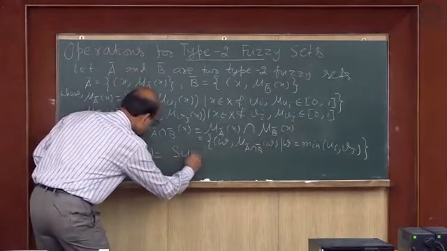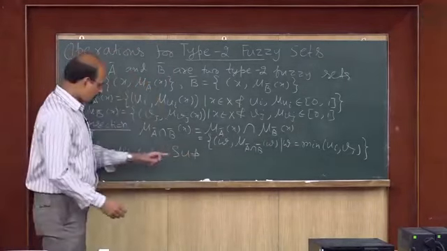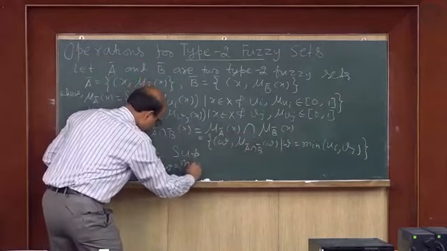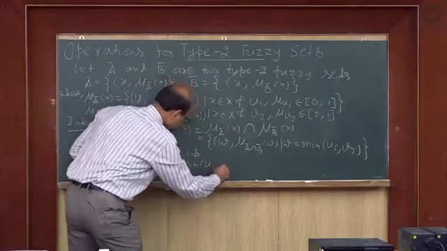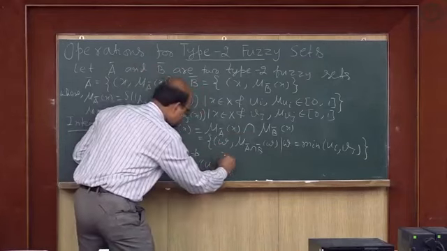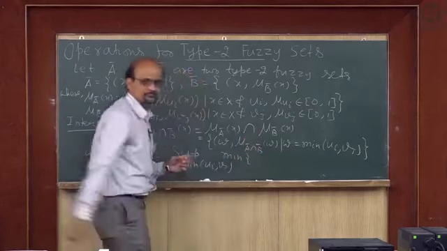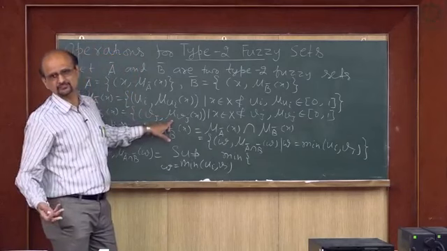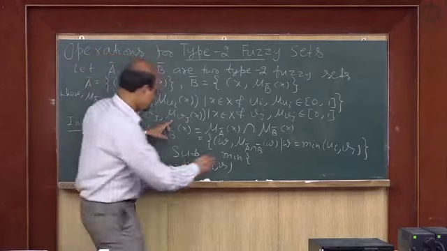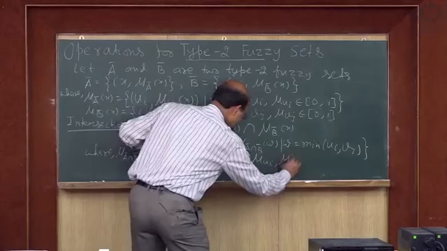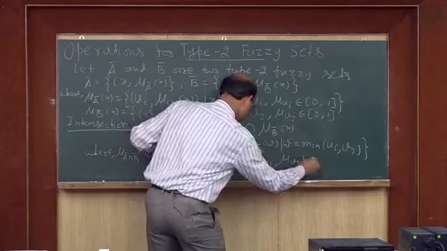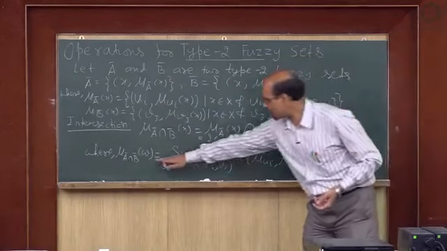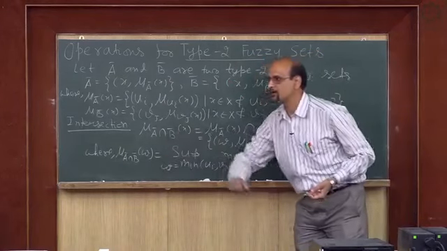So, sup where w is equal to the minimum of ui and vj, sup of the minimum of mu ui and mu vj. Understood? This is your membership function for A bar intersection B bar.